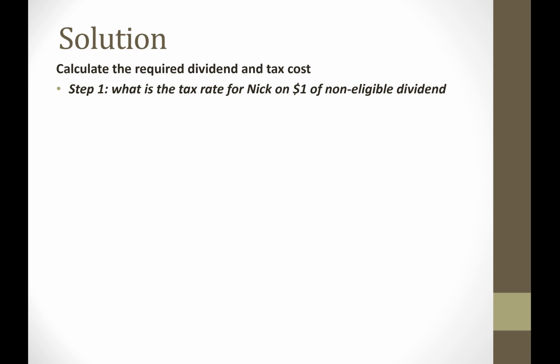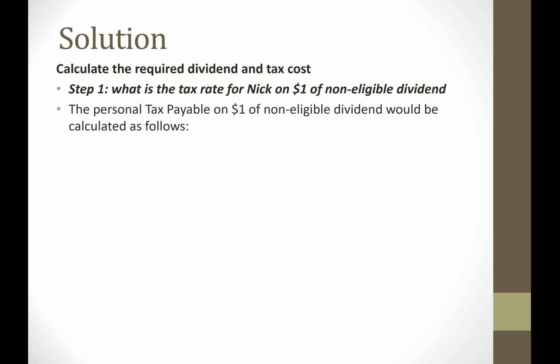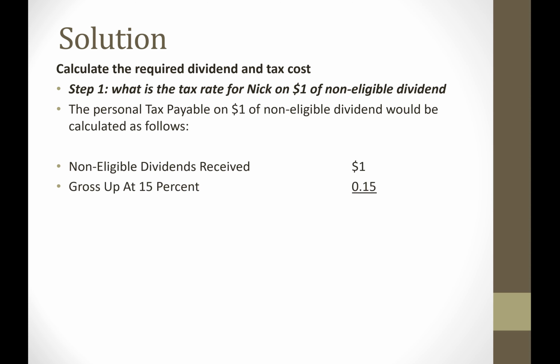And so all the dividends would be paid out of the LRIP, the low rate income pool, making those dividends non-eligible. So if Nick was to receive $1 of non-eligible dividend, he would include that $1 in his income. Now remember, dividends must be grossed up. As of 2019, non-eligible dividends are grossed up at 15%.